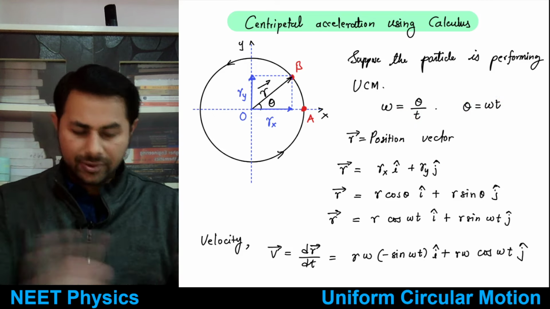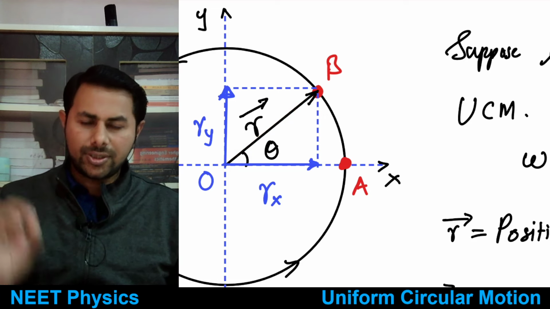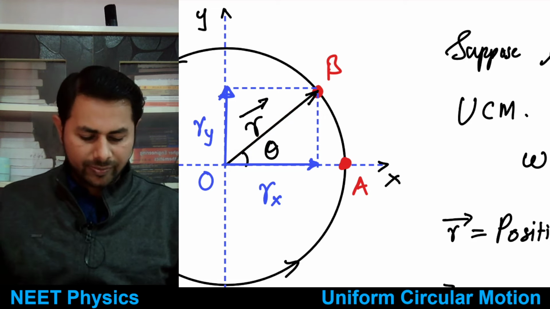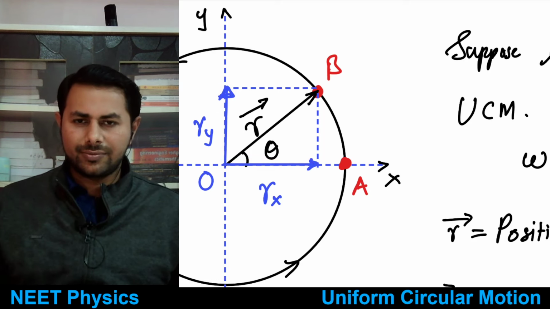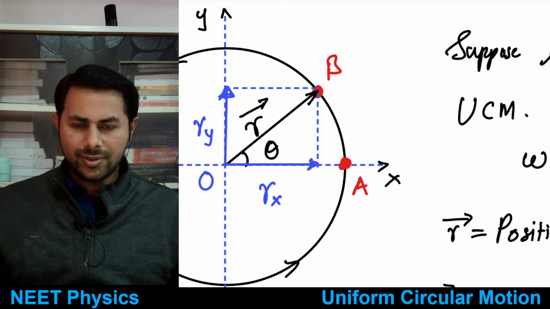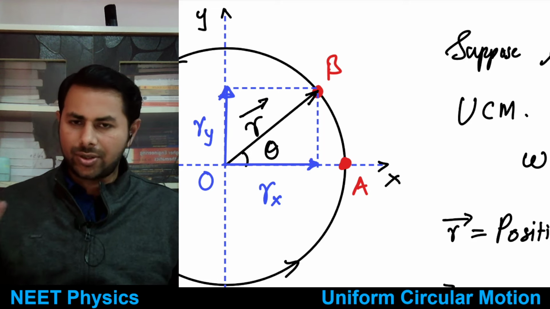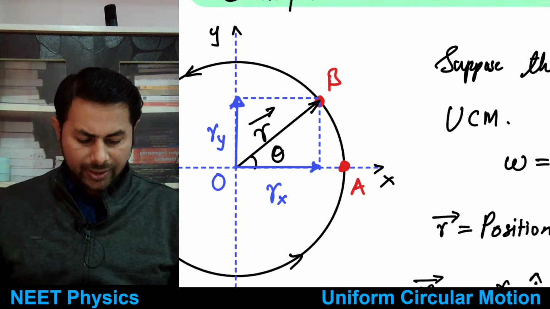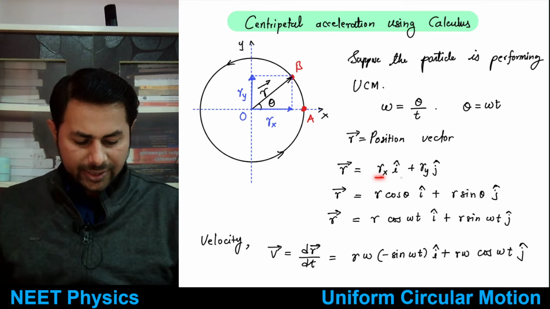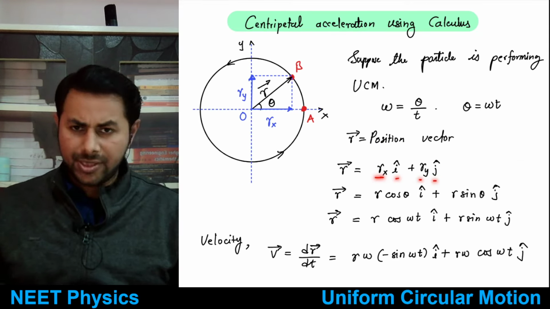Now, this is the position vector of my object in the circular motion. I will resolve it along two components, one along the x-axis, one along the y-axis. Okay, so I have resolved it along two components. Then I can write it as rx times i cap plus ry times j cap.